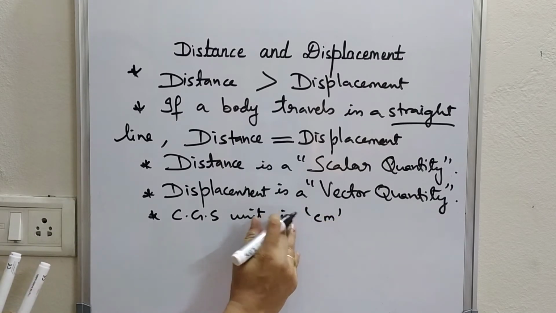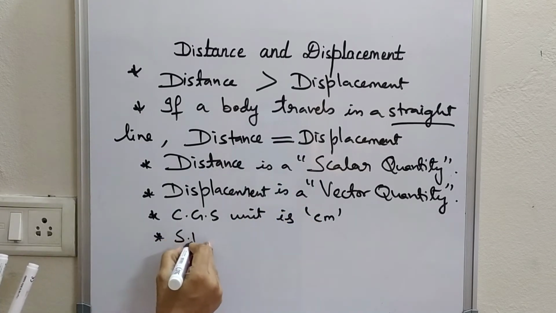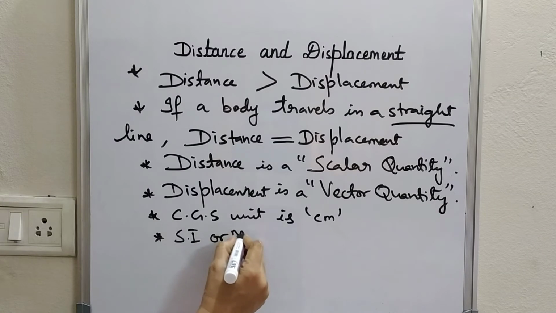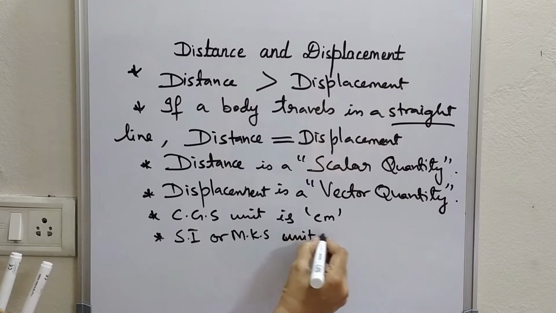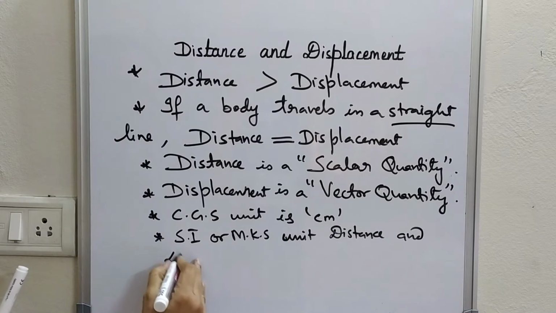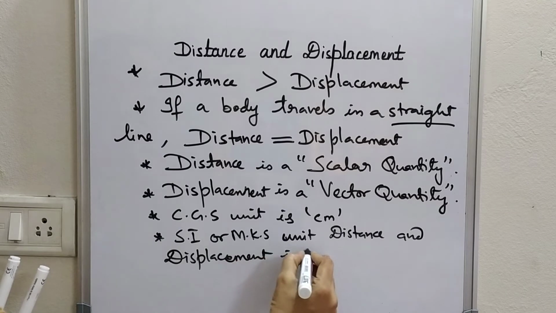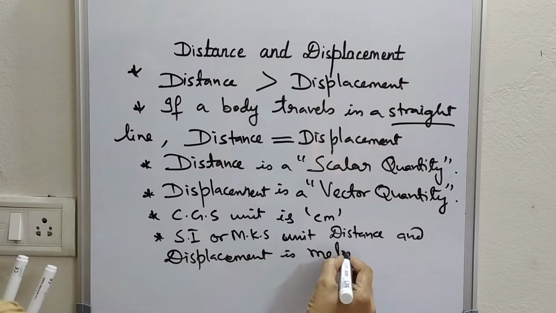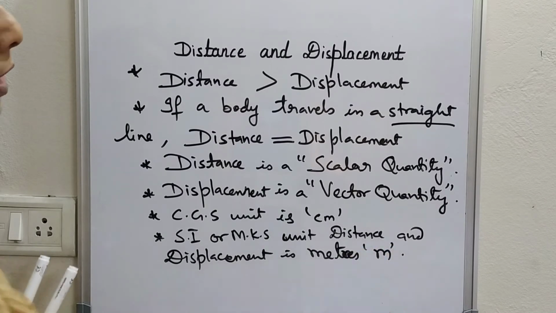CGS unit of distance and displacement is centimeter, and the SI, Standard International Unit, or the MKS unit of distance as well as displacement is meters. METERS or METRES. So SI unit or MKS unit of distance and displacement is meters.